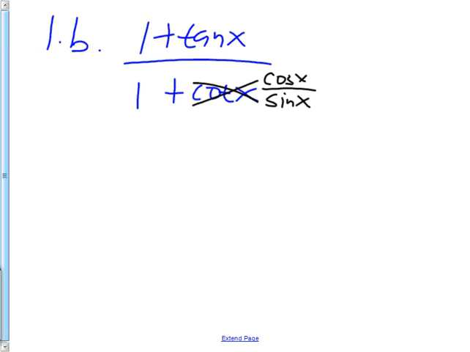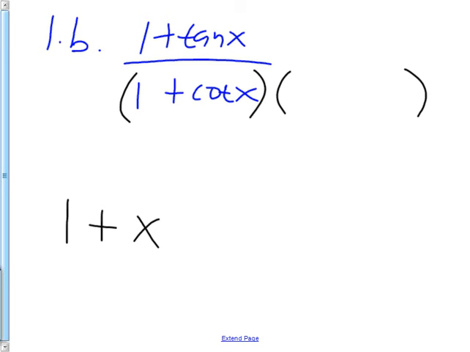If you have a 1 plus or a 1 minus, see if you can use this little technique. It's called using conjugates. All right, a conjugate in the simplest terms is this. If you have 1 plus x, you know what the conjugate of that is? It's really simple. 1 minus x.